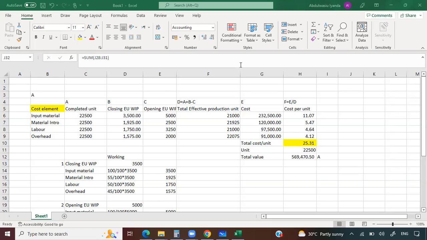But under absorption costing, my production cost will be the addition of both the variable and the overhead, both the fixed and the variable. Okay, what about the direct material, should it not be added? Yes, direct material is the same thing as direct. When you say direct material, it's also a variable cost. Okay.